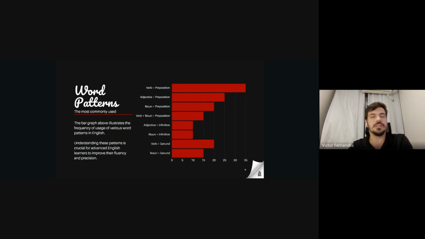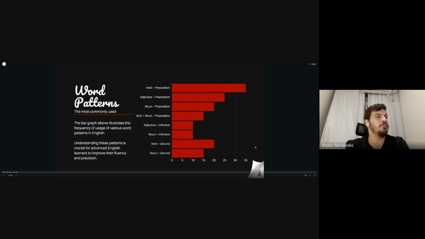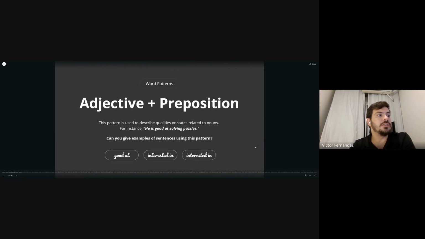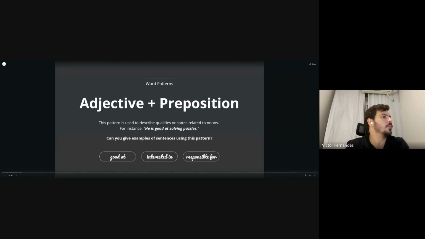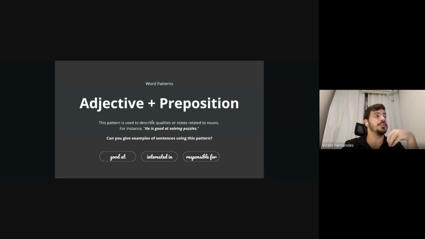So let's take a look at some examples. We can see adjectives and prepositions, for example. Let me just refresh one second. So in the adjective plus preposition group, we have word patterns such as good at, interested in, and responsible for. As you can see, we have good as an adjective and at as a preposition.